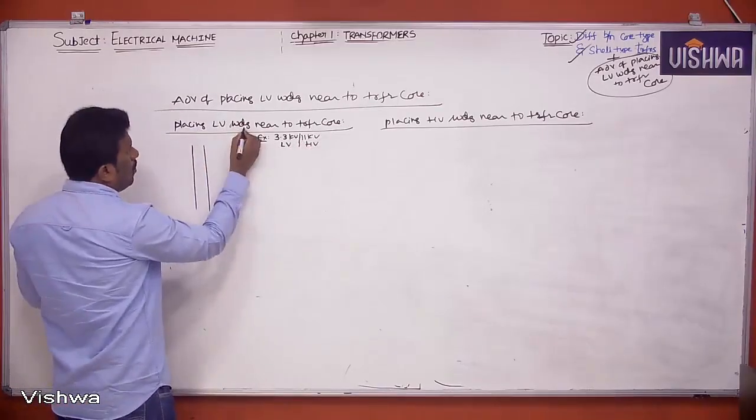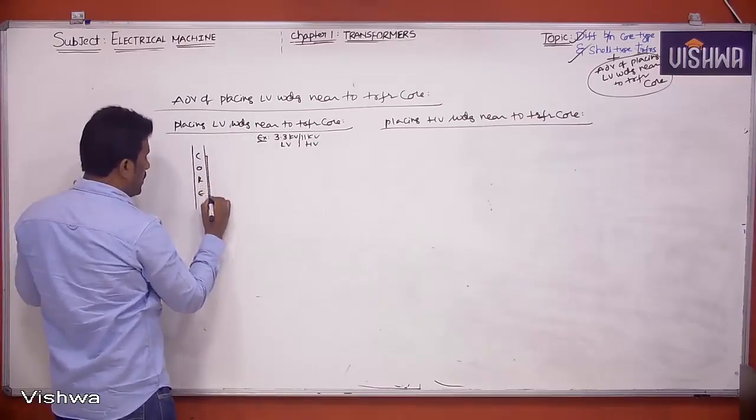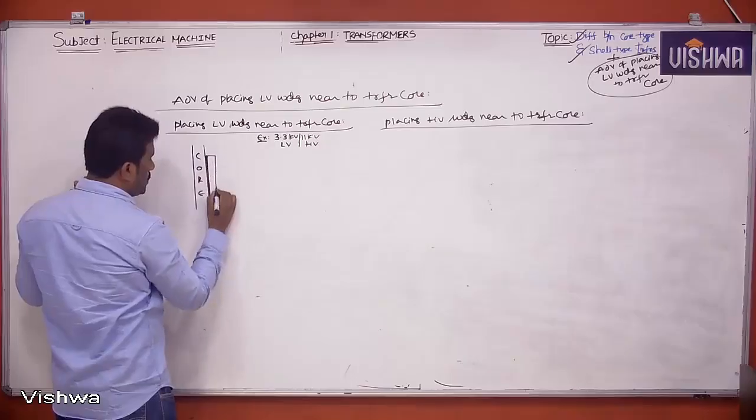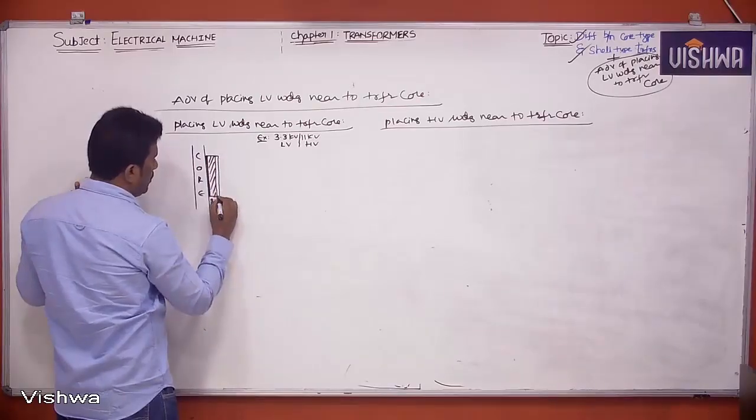Suppose I place the low voltage winding near to the transformer core. This is the low voltage winding, 3.3 kV, and this is the insulation.